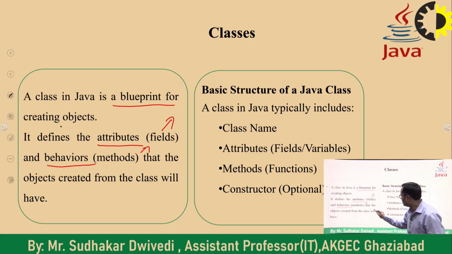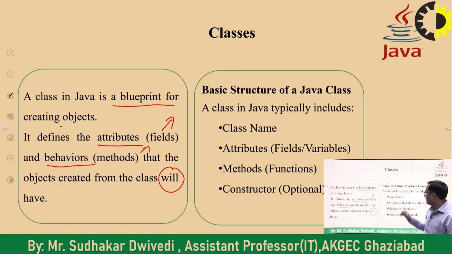That means whatever object we create, if we want a particular behavior, method, attribute or data in that object, it should be declared in the class as a template. This is the basic structure, the basic components that we can have in a class.